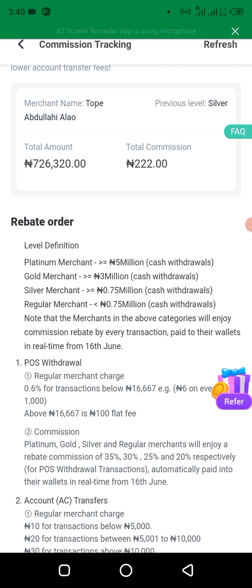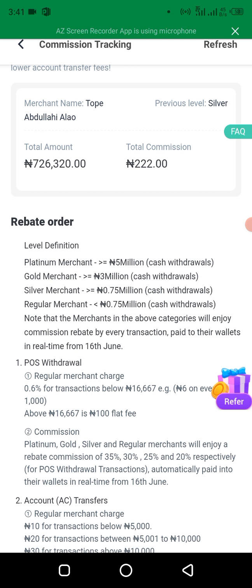Okay, silver merchants are the ones that do above 0.75 million naira. That's above 750,000 naira, but less than 3 million, as you can see. So if you do between 750,000 naira and 2 million naira 999,000, you are a silver merchant, which is where most people fall in.